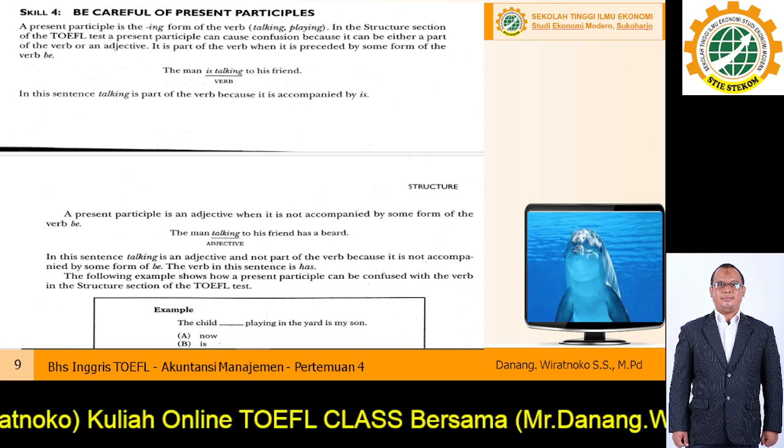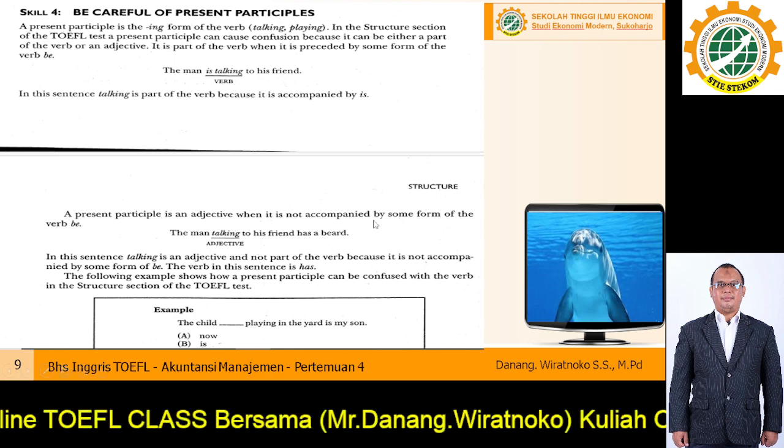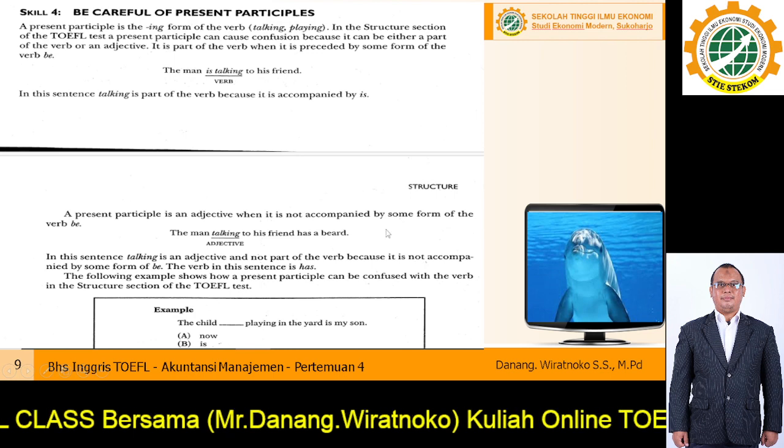Then we have here, present participle is an adjective when it is not accompanied by some form of the verb be. The man talking to his friend has a beard. So this one, talking, is an adjective.